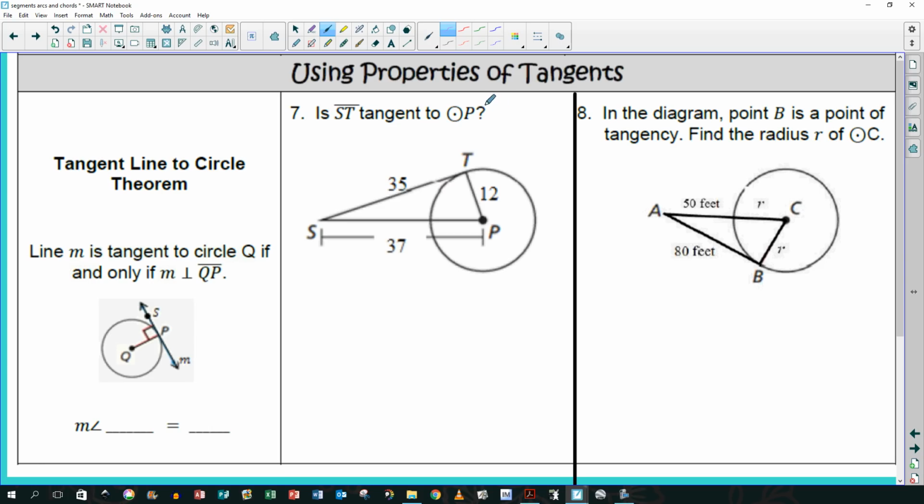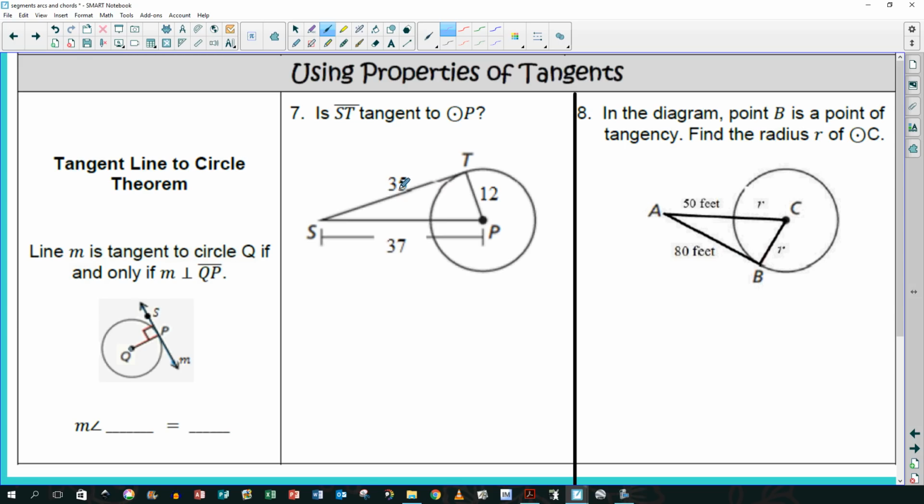All right, so tangent line theorems. There are some actual theorems that go with tangent lines. So let's look at those. The first one is line M, so this line right here, so this tangent line. It's tangent to circle Q. You name circles by their center. If and only if the line is perpendicular.